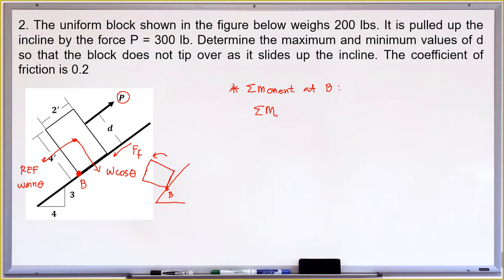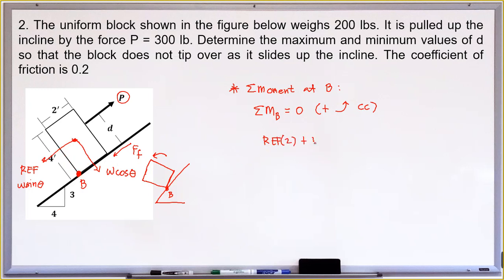So summation moment at B, that should be equal to 0. So we treat positive if makaproduce siya og counterclockwise moment or CC. So na naman si B diri ang makaproduce og counterclockwise moment kay si REF, si W sine. However, for W cosine, clockwise na iya. So we have REF times iya distance from point B is half sa height.